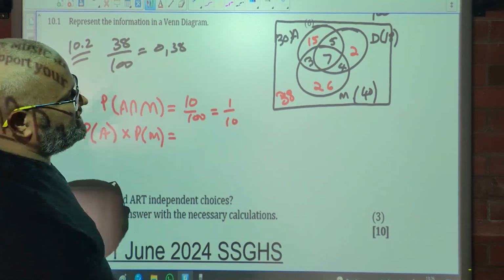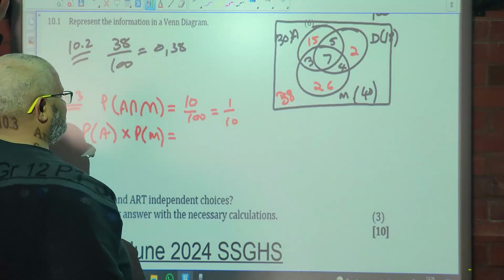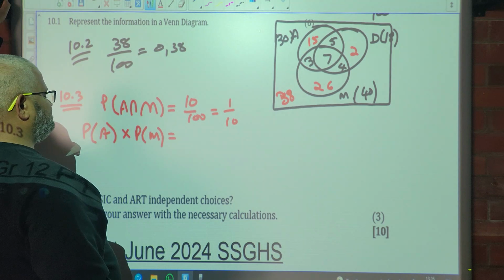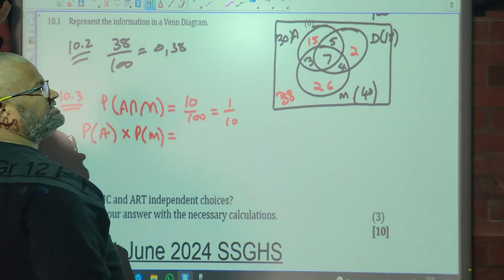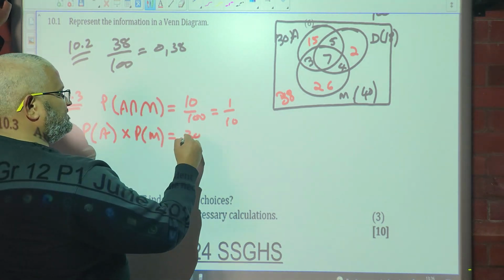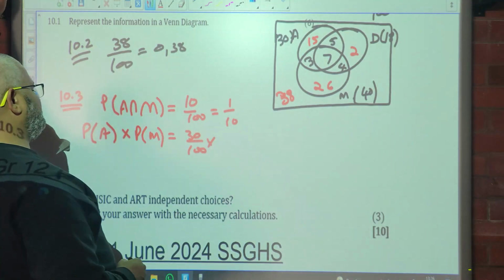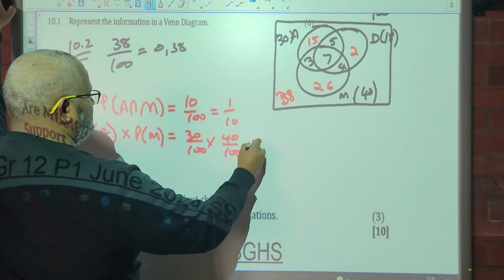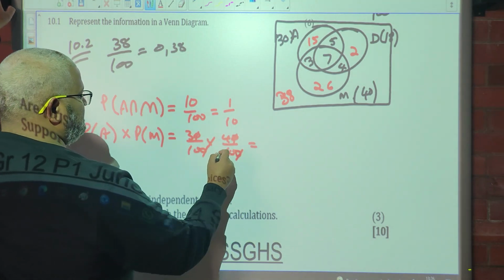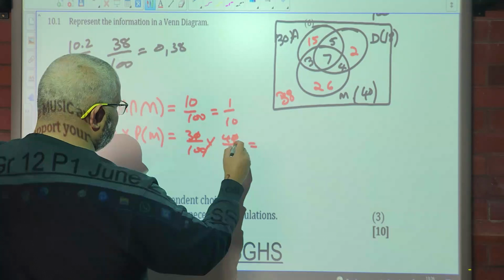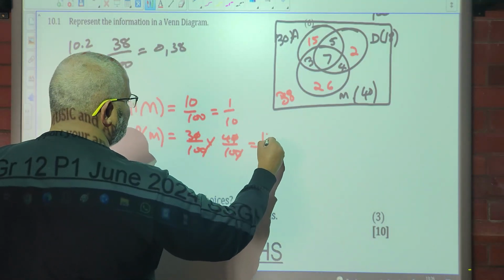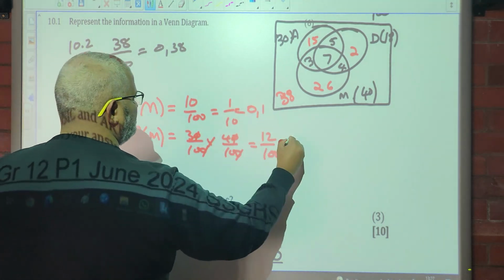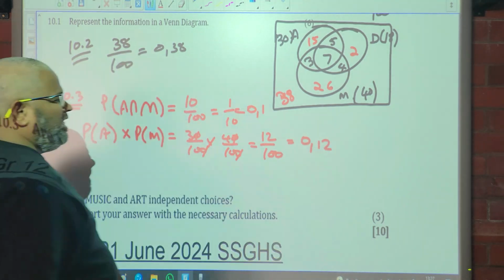The probability of the learner doing art is 30 out of 100. The probability of a learner doing music is 40 out of 100, which gives me 3 times 4 is 12 over 100. So that is 0,1 and then 0,12.